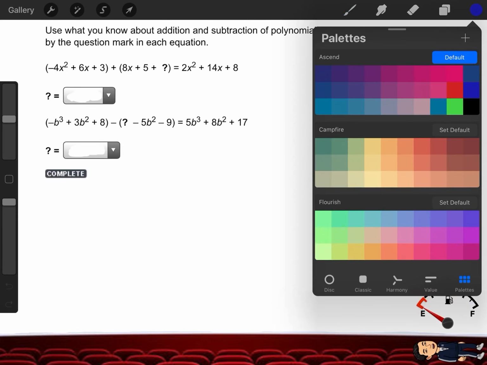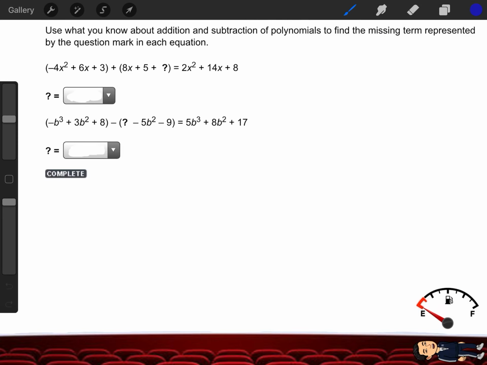Okay, so let's look at the next one. What you're gonna do is find out what the question mark is. Okay, so you can already spot what you need to be focusing on, the question mark, because, let's see, you see that there's a negative 4x squared and it ends up becoming 2x squared.